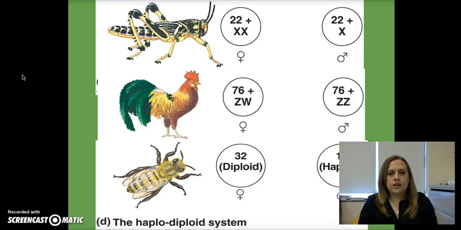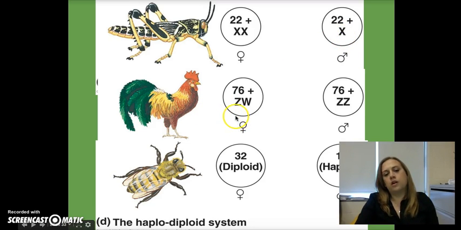So what we are looking at here, I know I'm covering a little bit of it. So here we have insects. If you are female, then you have XX. If you are male, then you just have one X. Here in birds, if you are female, you are ZW. So in this case, if you're female, you have the two different sex chromosomes, whereas if you are a male, then you are ZZ.